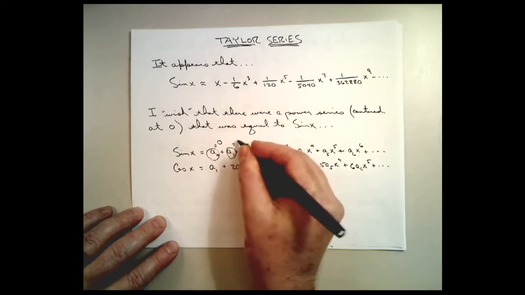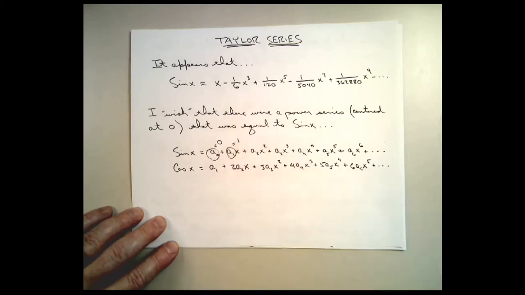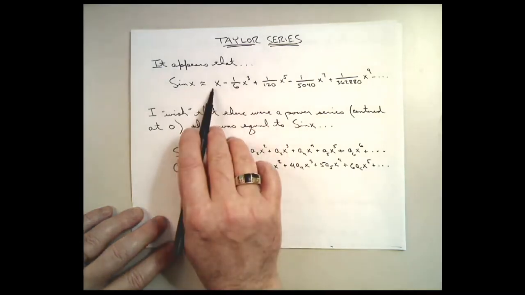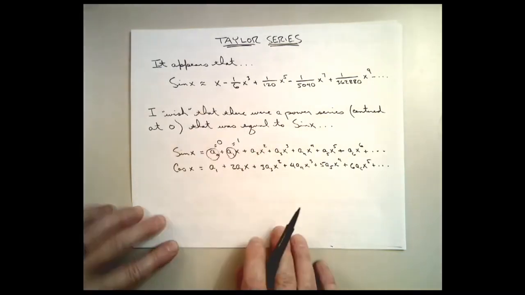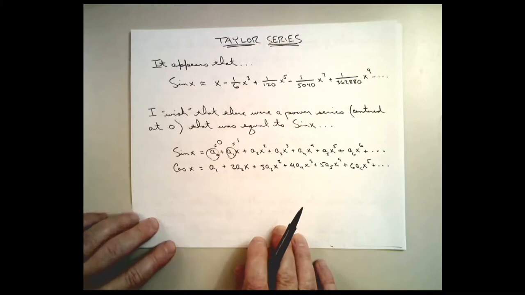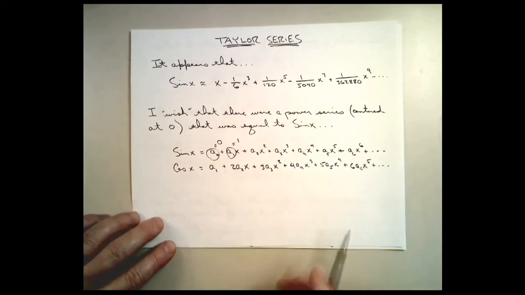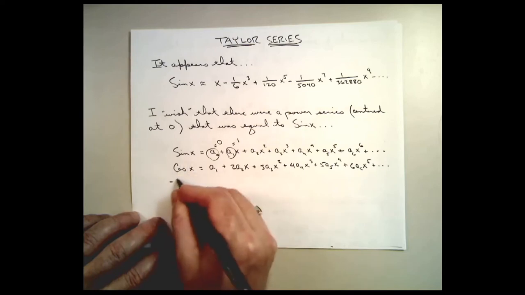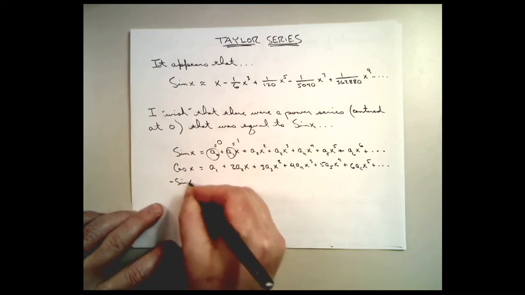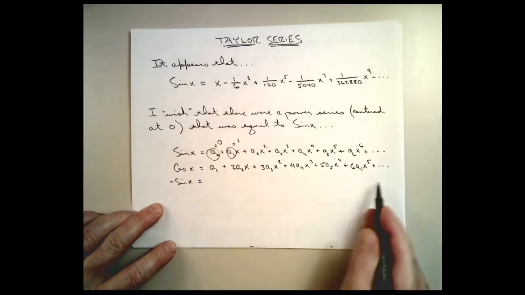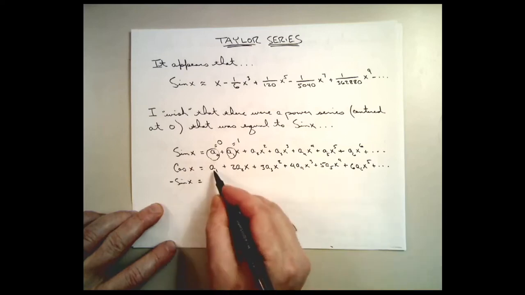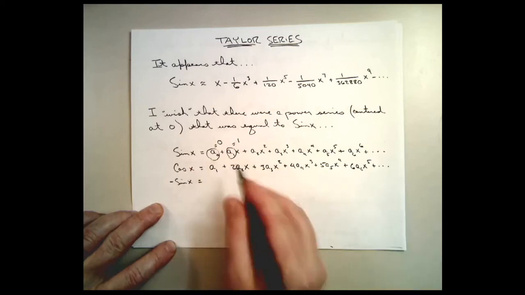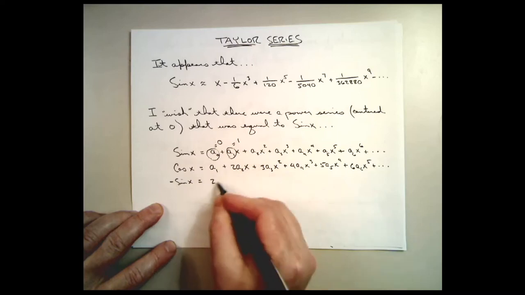So we found the coefficient of x, which in fact agrees with the polynomials that we were looking at through the graphing program. I can continue this process. The derivative of cosine x is negative sine x. And the derivative of the right-hand side, well, again, the derivative of a constant is 0. The derivative of a constant times x is that constant.